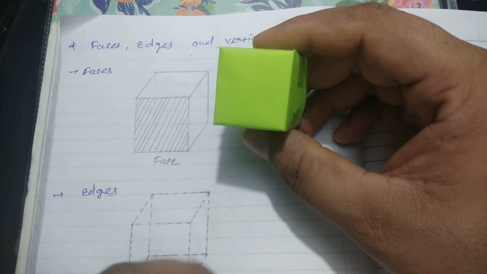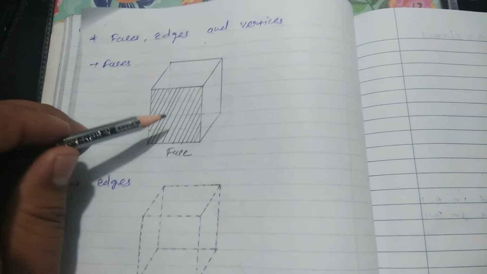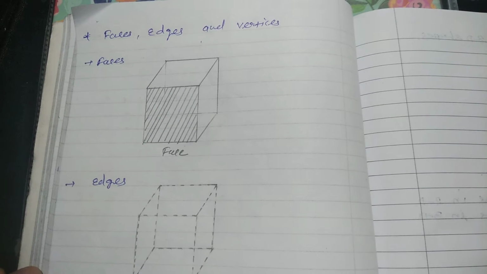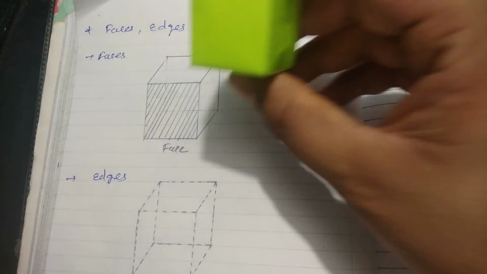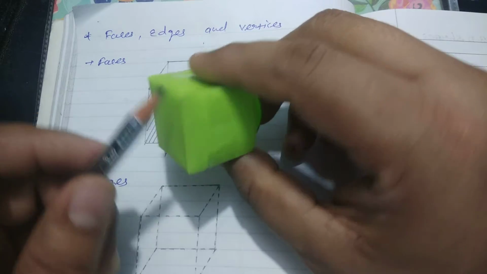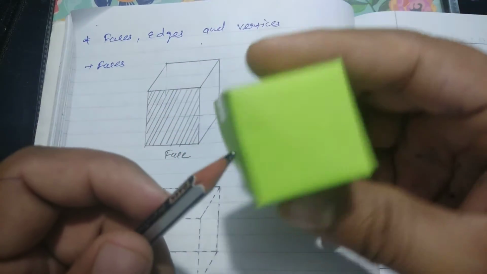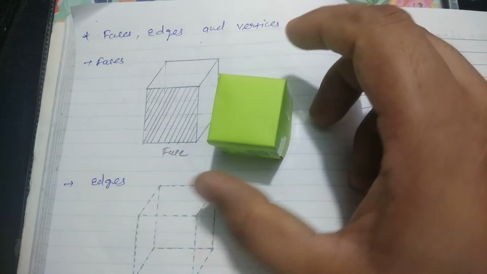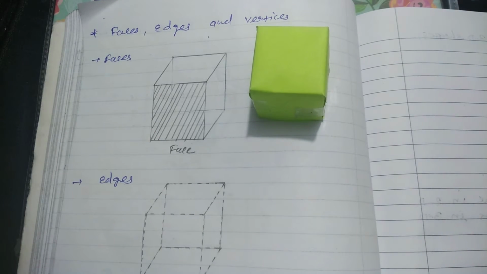Here, on paper, we can see only 1, this 2 and this 3 faces. But in reality, there are 6 faces: 1, 2, 3, 4, 5 and this last 6. So in a cube there are 6 faces.